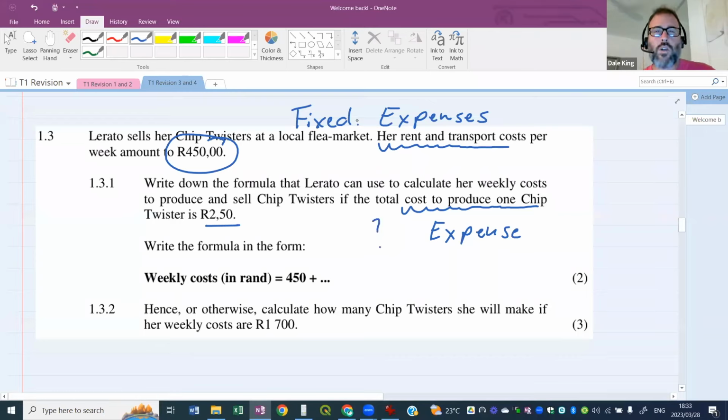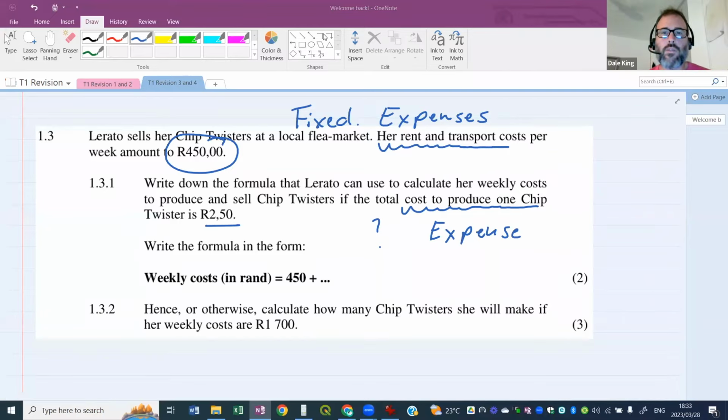If the top ones are fixed, is the cost to produce one chip also fixed? Think about this. In 1 week, will the number of chips that she produces be fixed? Will she sell the same amount of chips every week? That's a big clue for you. Variable.